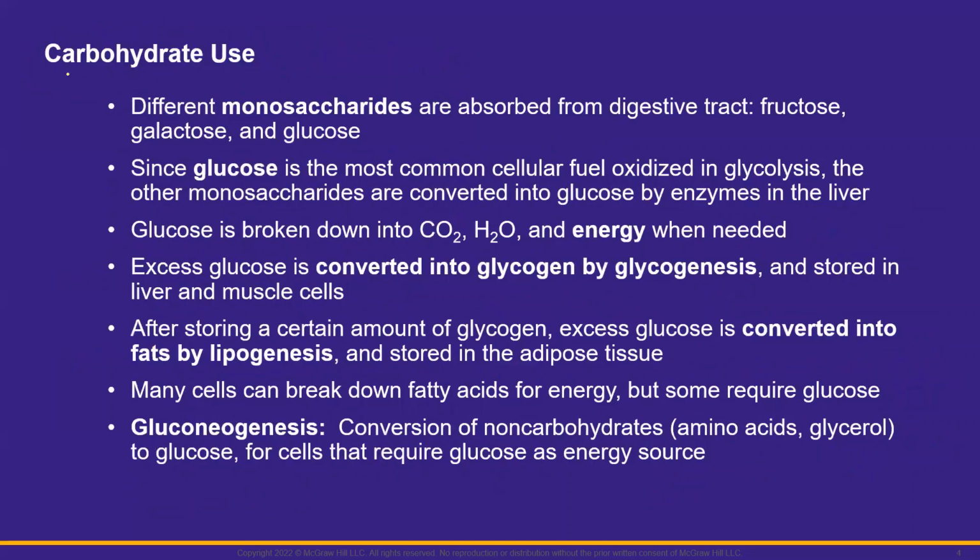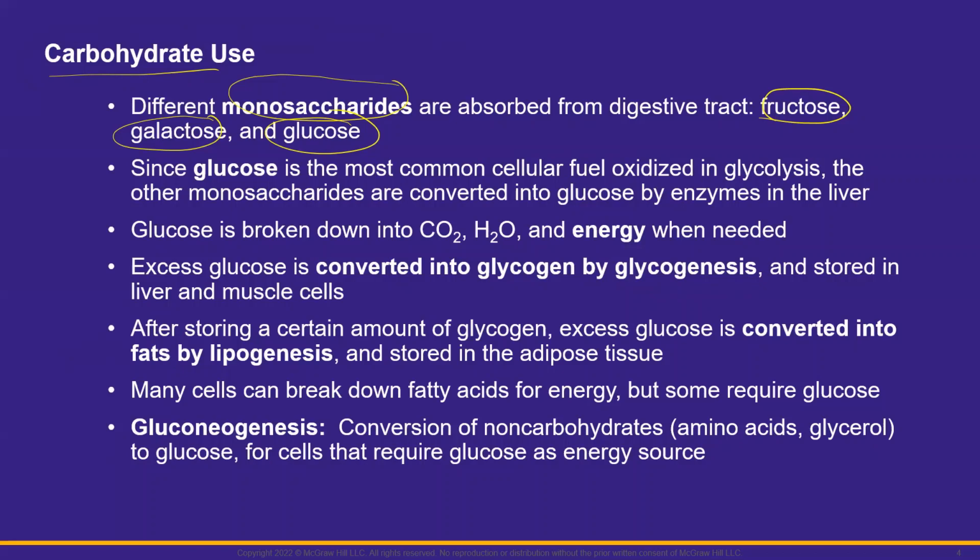Now, carbohydrate use. Different monosaccharides are absorbed from the digestive tract, like fructose, galactose, and glucose. I already mentioned these three types of monosaccharides, which are the products of digestion of polysaccharides.